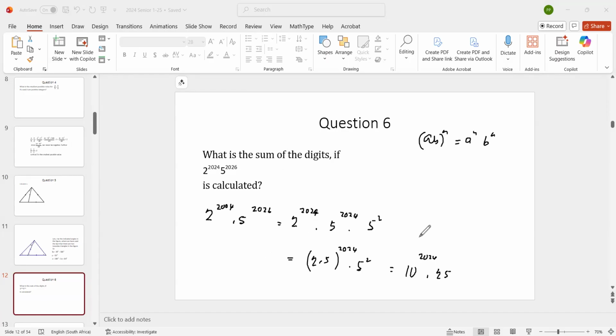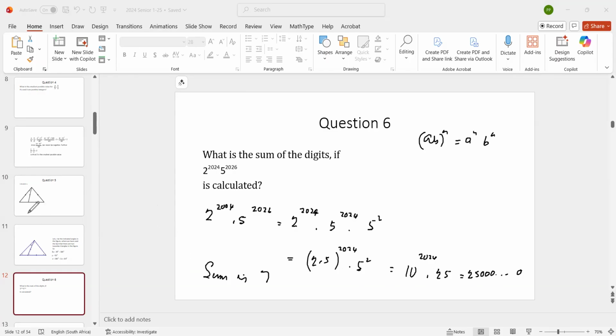You see? So this is equal to 25000, only zeros. So the sum of the digits is what you're looking for, is 7, because it's 2 plus 5. The others don't make any contribution to the sum.